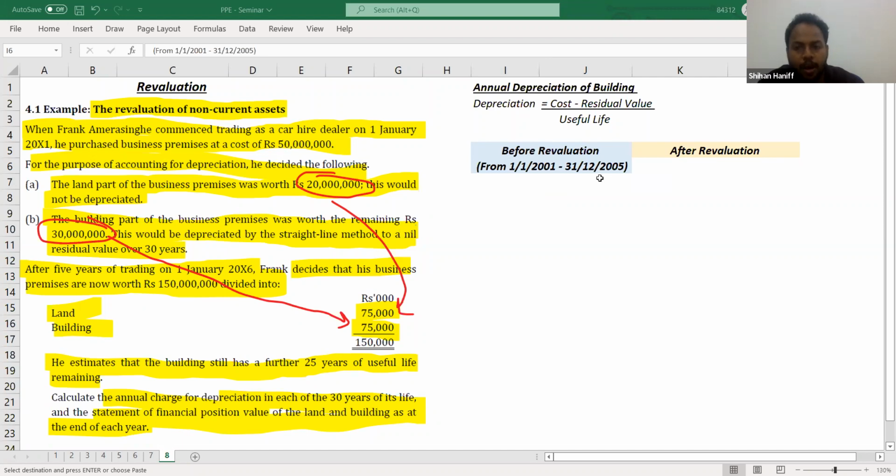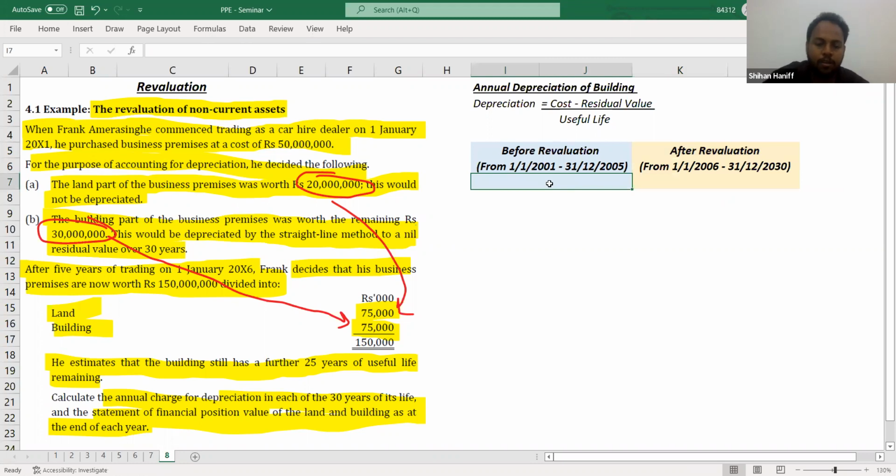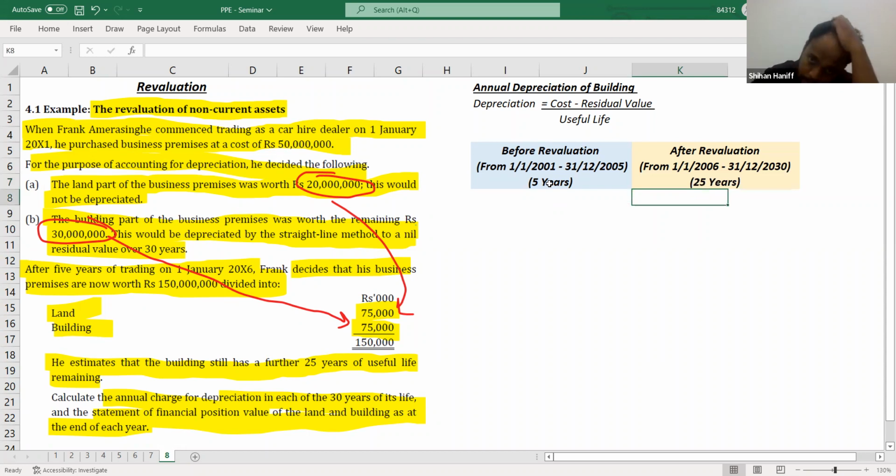And after is from 1st of January 2006 to 31st December 2030, 25 years. 5 years and 25 years.